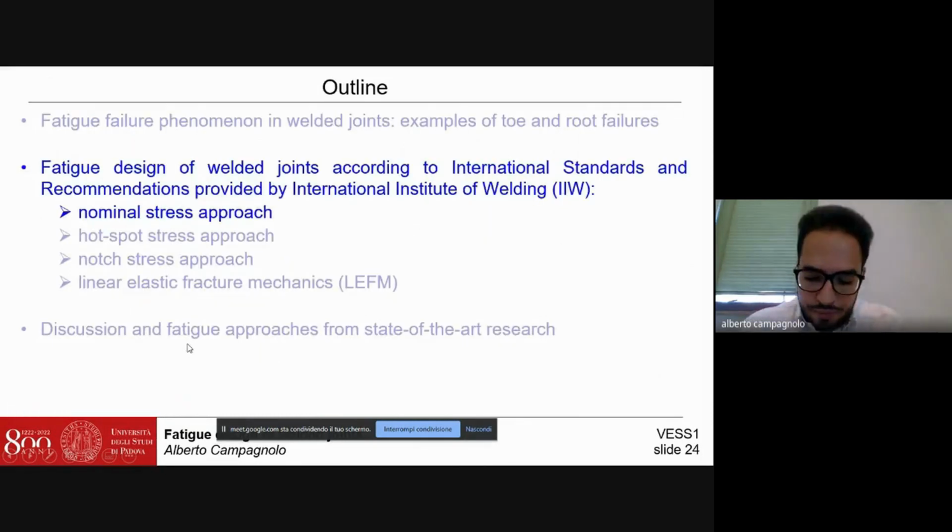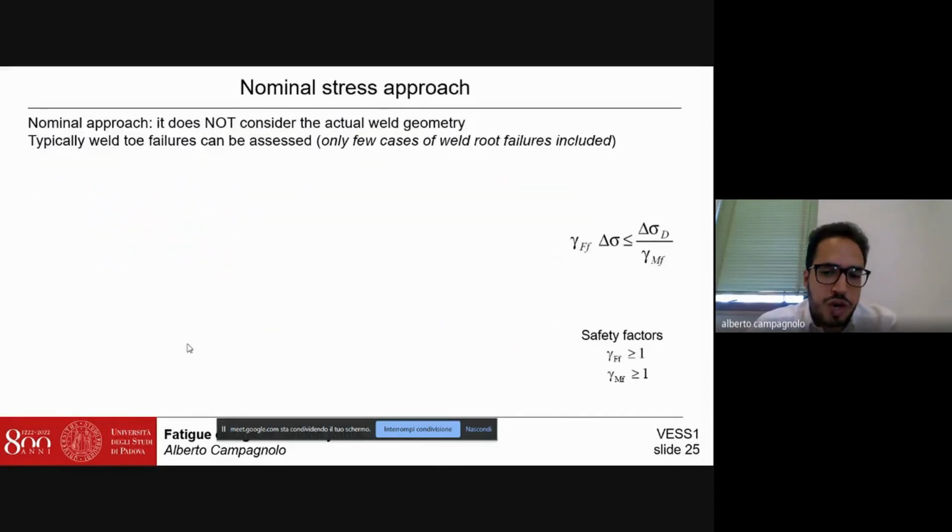So, going very briefly to some details of the approaches, how to calculate stresses. We can start with the nominal stress approach. Standards and recommendations suggest comparing the load parameters with the fatigue strength of the joints.